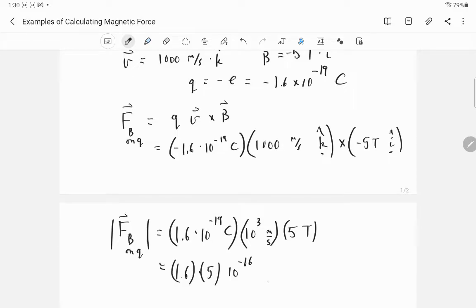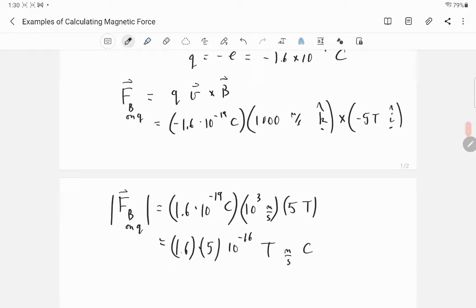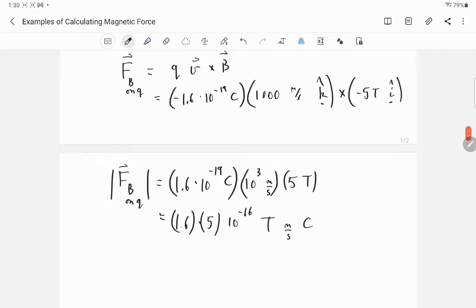And then I have Tesla meter per second Coulomb. So 5 times 1.6: 5 times 0.6 is 3, and 5 times 1 is 5, so that's 8. 5 times 1.6 is 8.